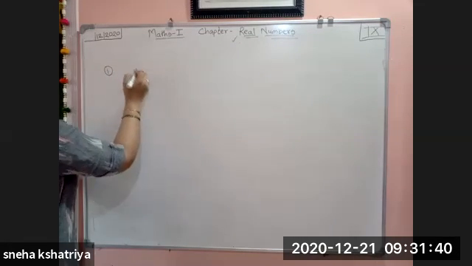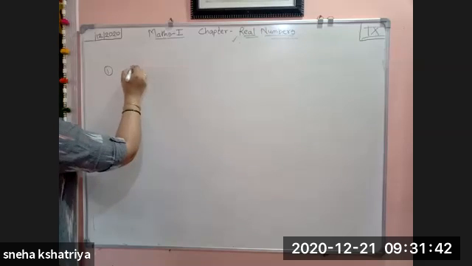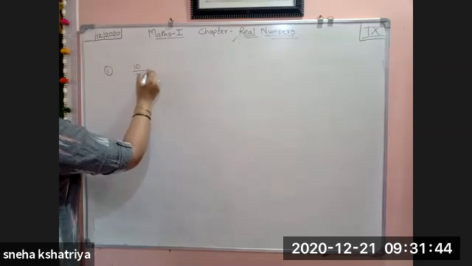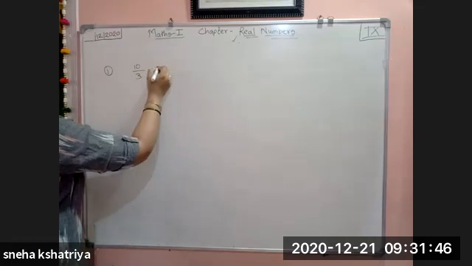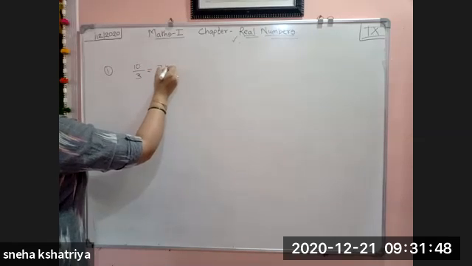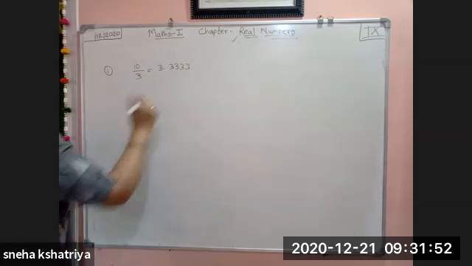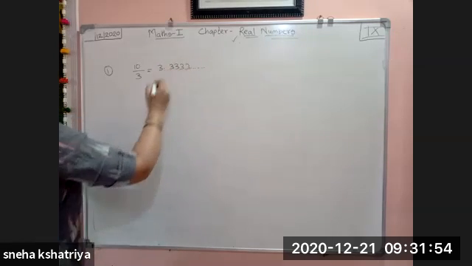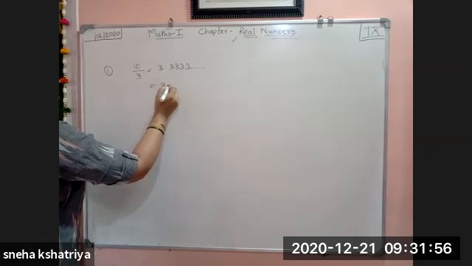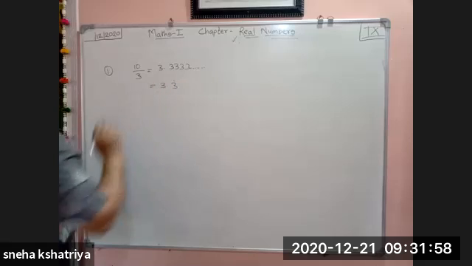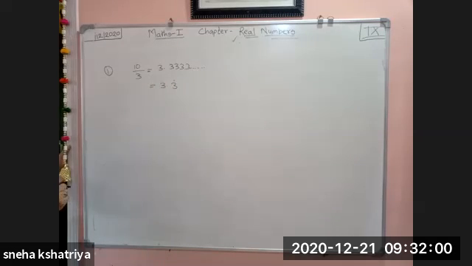If a fraction is there, 10 upon 3, we have seen here 10 upon 3, that is 3.3333 and so on. So if the number is repeating like this, then we put a dot over that number.